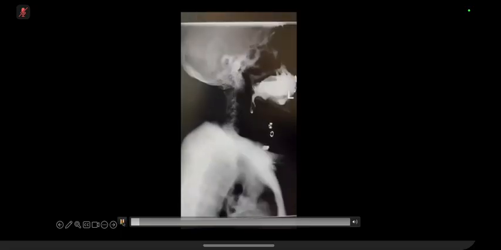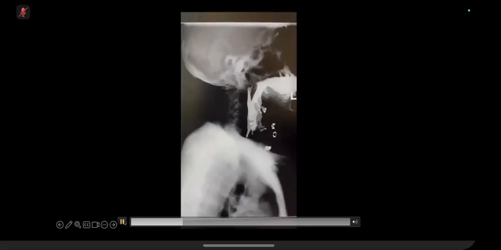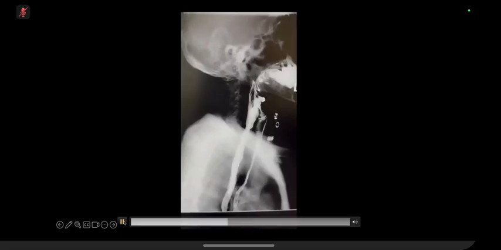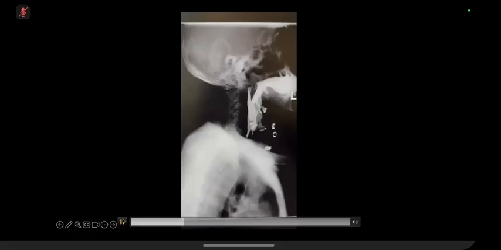So I think contrast is seen passing into the trachea, likely representing tracheoesophageal fistula formation. So I will advise CT with oral contrast for further delineation and urgently refer the patient to the surgical team.